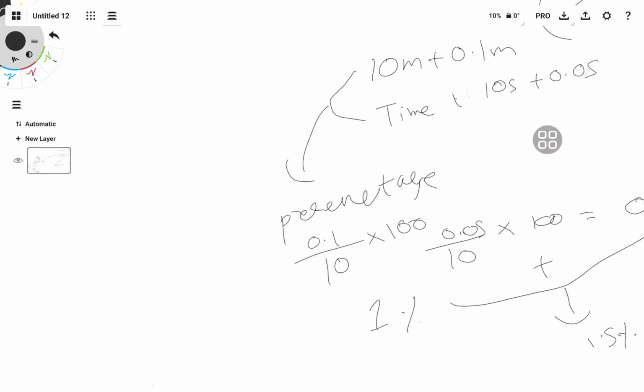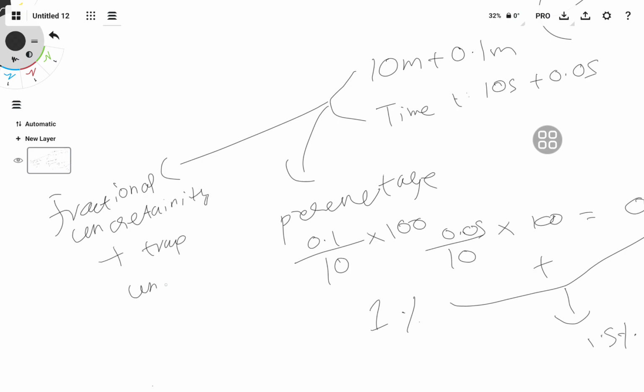We also have fractional uncertainty, that will basically be it in fractions. Fractional uncertainty plus true uncertainty, which is actually the total value that comes.